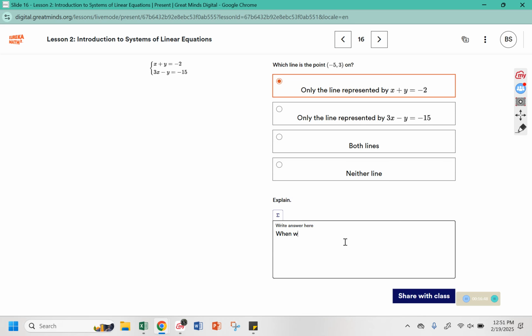When we plugged in the coordinates, negative 5 plus 3 does equal negative 2, but 3 times negative 5 minus 3 does not equal negative 15.